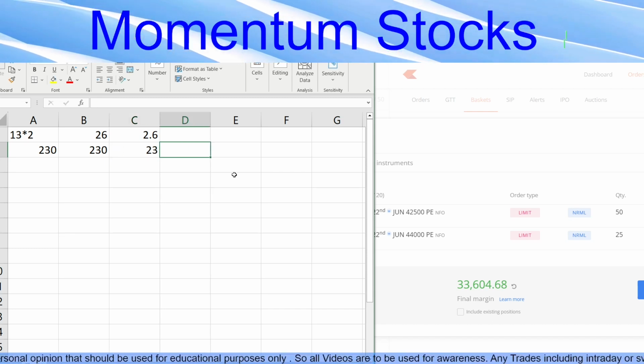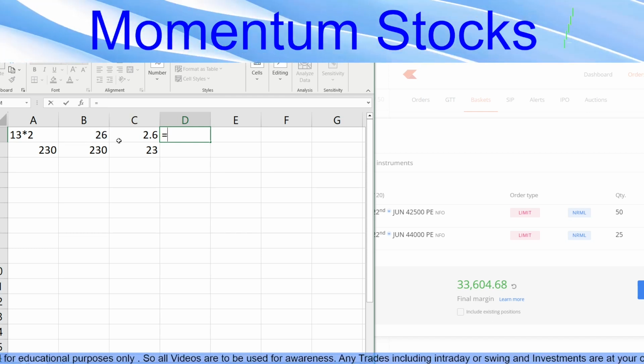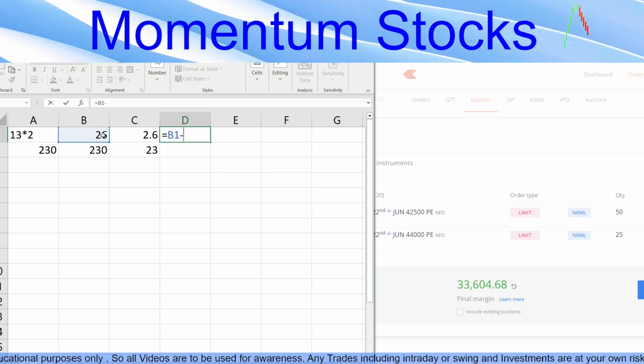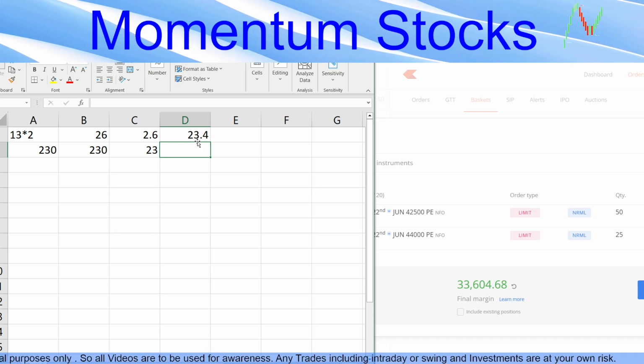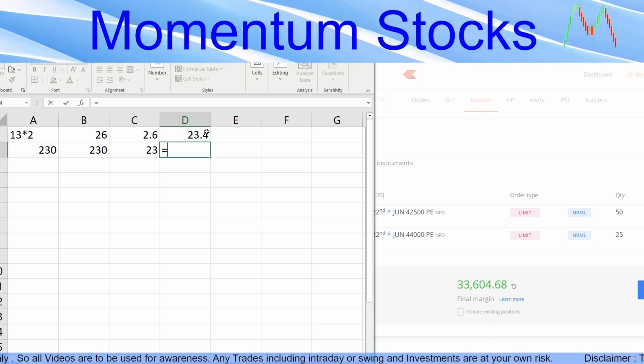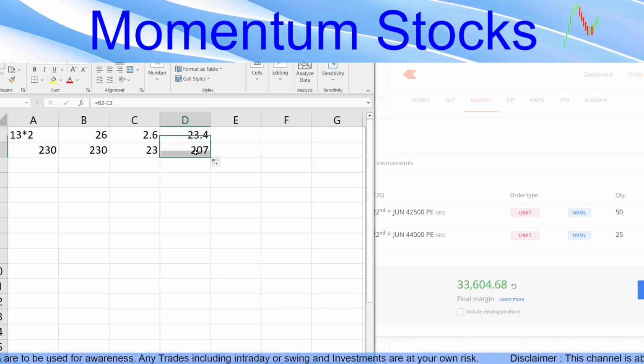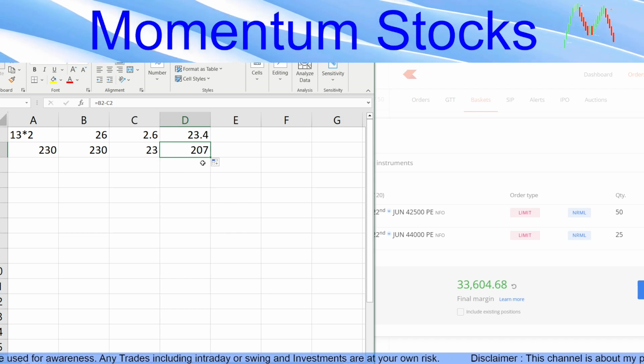So net you will be losing this: 26 minus 2.6, which is 23.4 would be the premium, and in this case the premium would be 207.